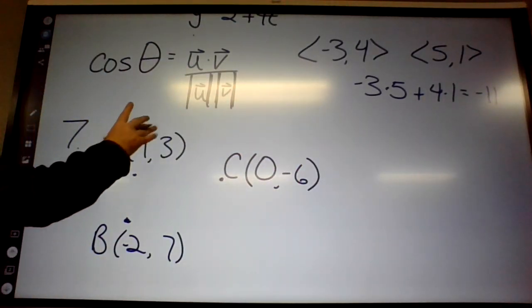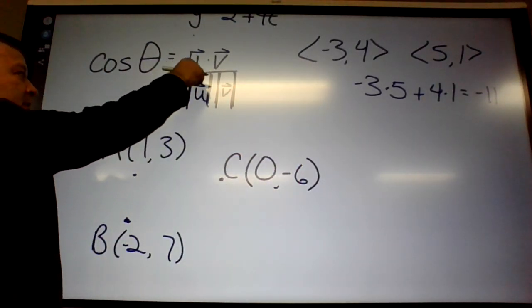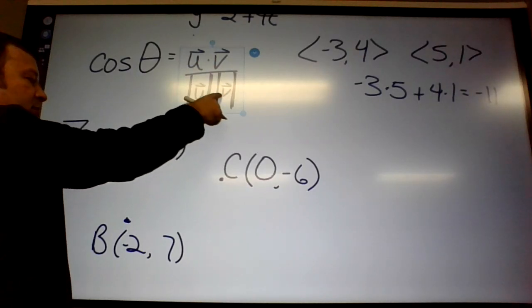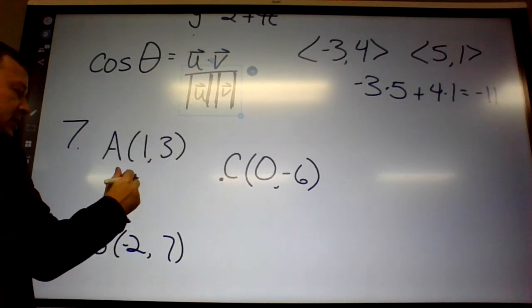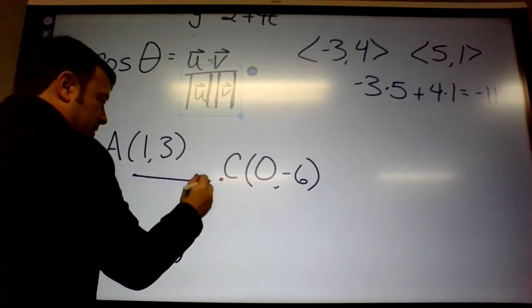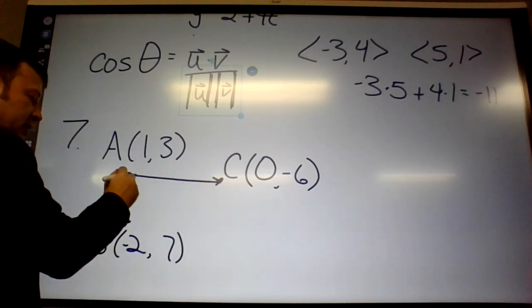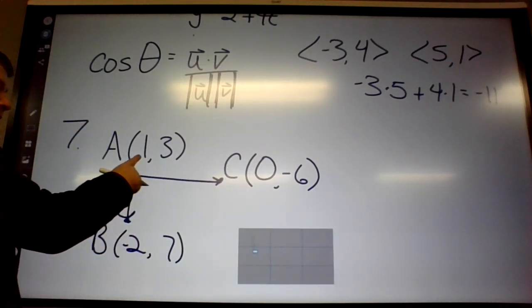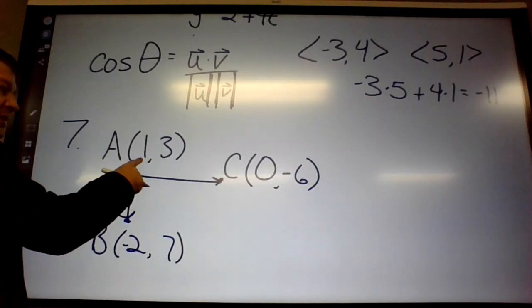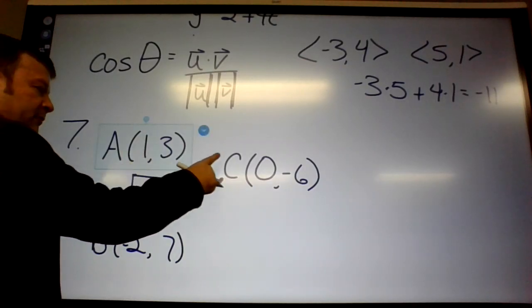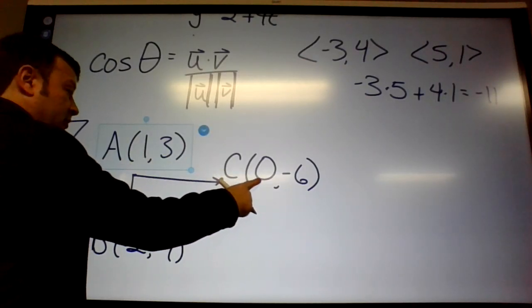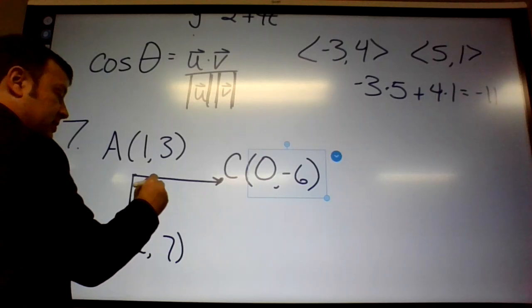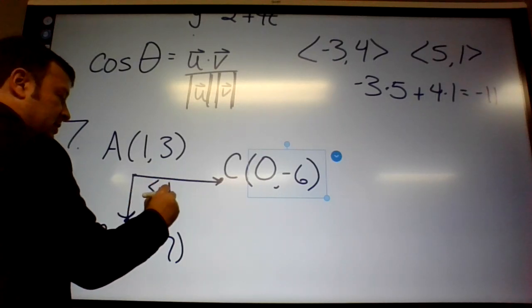All right, so what we need first, the u and the v stand for vectors. So we need the vectors that would create angle A. We need these two vectors right here. So starting with vector AC, if we're moving from 1 to 0, how far are we moving in the x direction? -1.